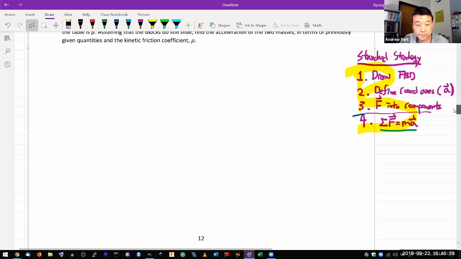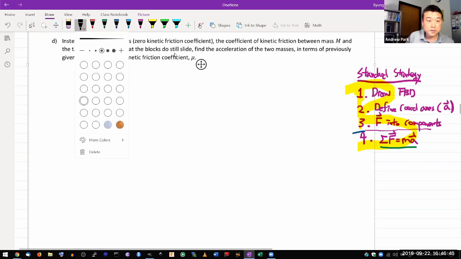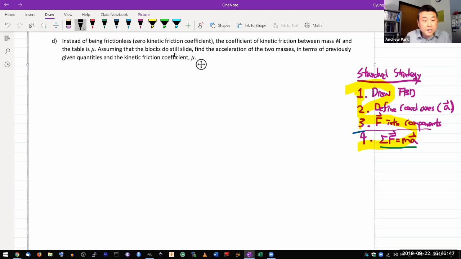So with the new friction force there, what I would do is start out with the free body diagram. Even when the question doesn't ask me to, it still makes sense for me to start out with the free body diagram.